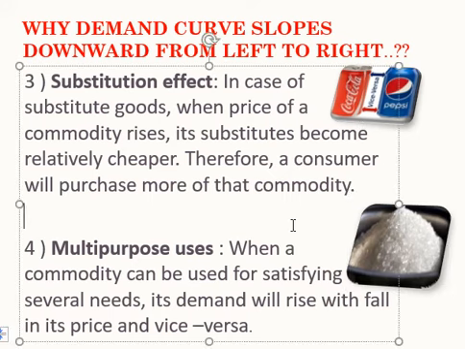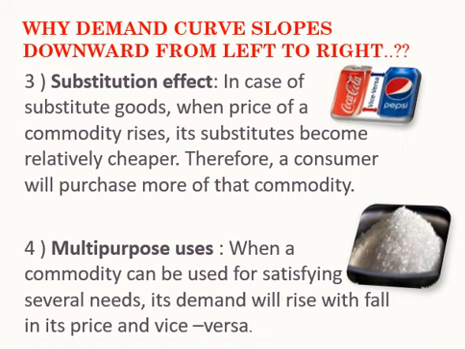We can use sugar in our coffee, tea, juices, milkshake, cake, biscuits, pastries, and whatnot. That means one single product can be utilized in various things, and that is why if the price of that particular commodity falls, its demand will rise.